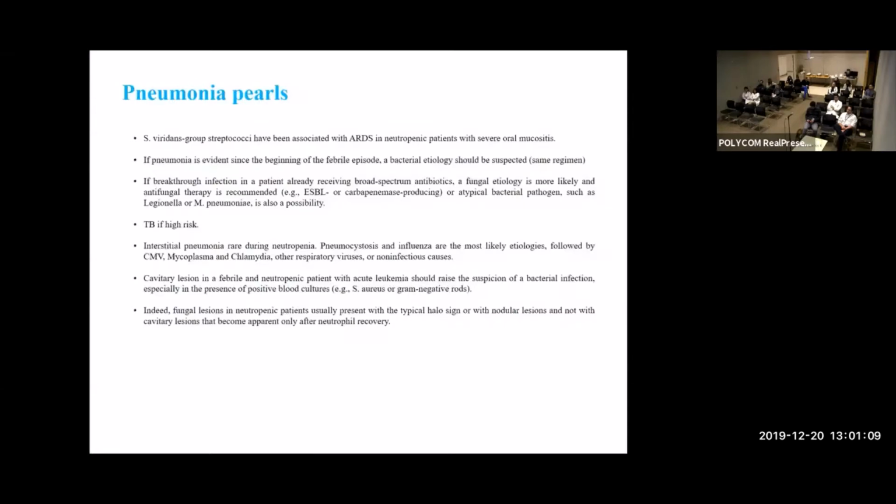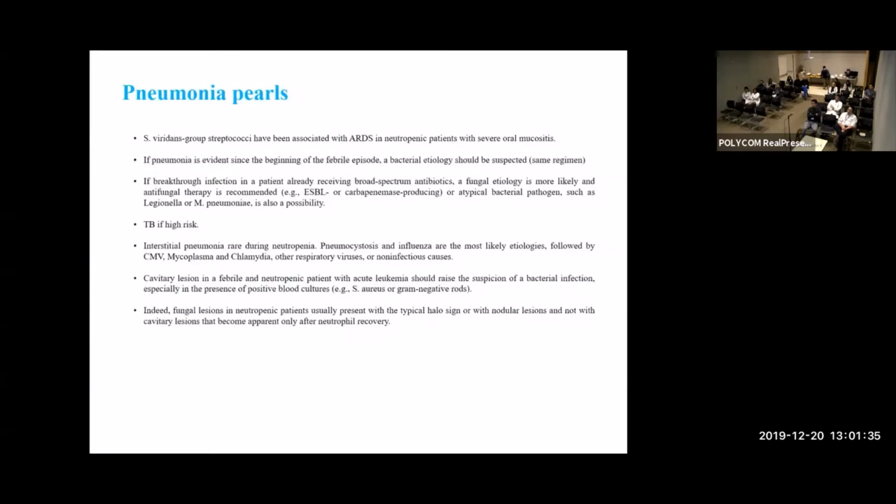But if the patient has a breakthrough pneumonia through the empiric coverage, then that opens the possibility: could this be a fungal infection? Could this be a more aggressive organism like an ESBL, or an atypical bacterial pathogen like Legionella? If the patient is at high risk for TB, then definitely TB is another possibility. And then neutropenic patients can also have, as I said, pneumocystis.